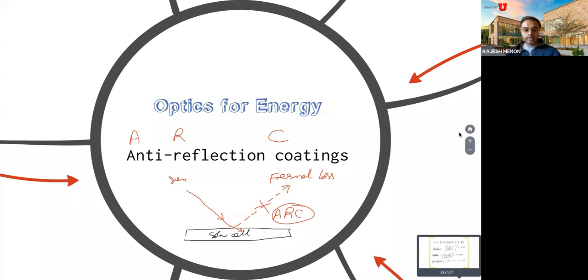So you can see why this is important. Sorry, I should also say one more thing. The anti-reflection coating is essentially a coating you put on the solar cell in order to get as much light into the solar cell as possible. And of course, it is true for windows and anything else, right?